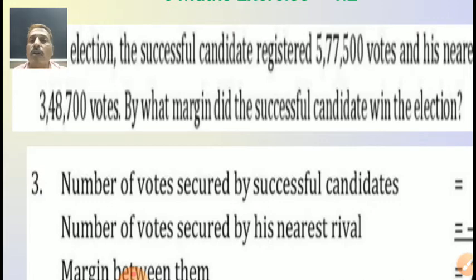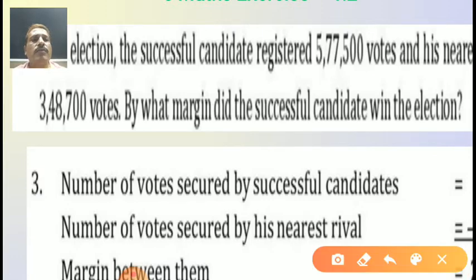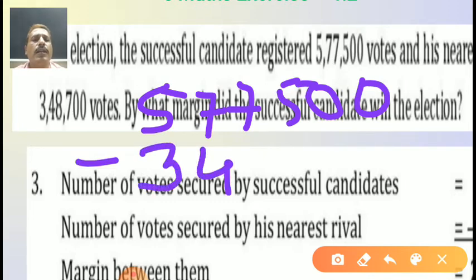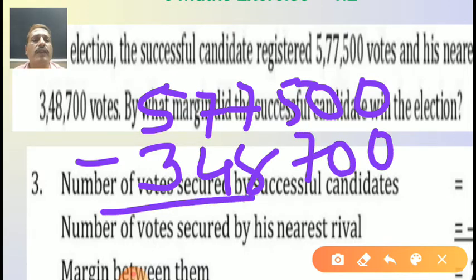In subtraction, what do you have to write first? Yes, the bigger number we have to write first. So what is our bigger number, student? 5,77,500. Very good, student. What number do we have to subtract? 3,48,700. Ones, tens, hundreds.